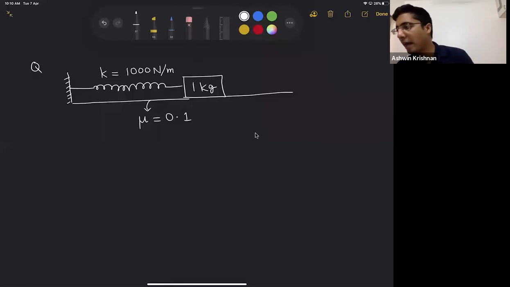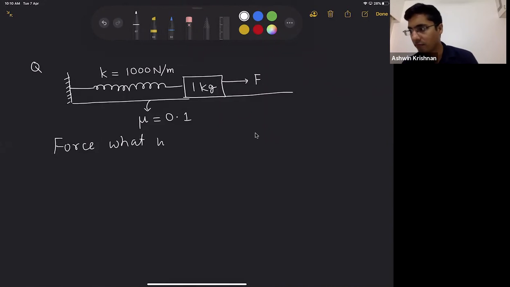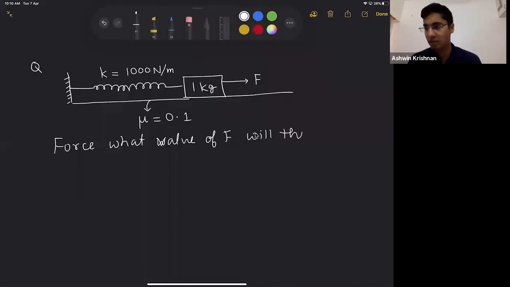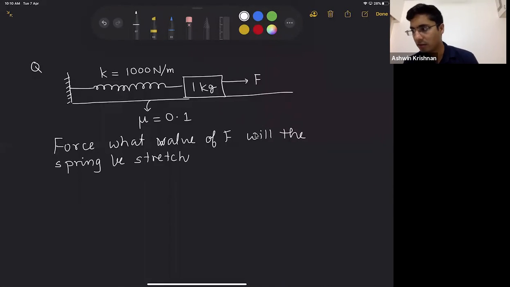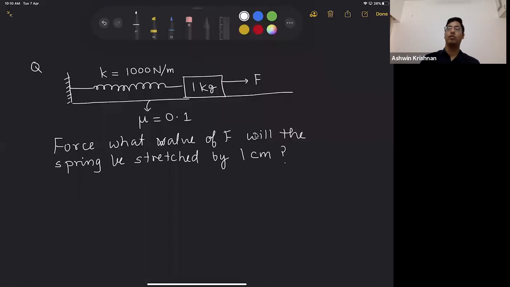Now I apply a force F on this. For what value of F will the spring be stretched by 1 centimeter?